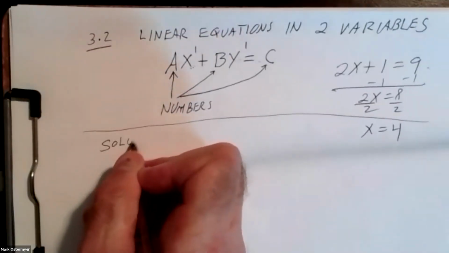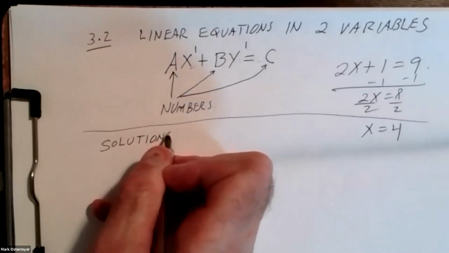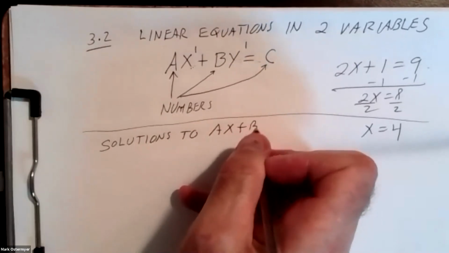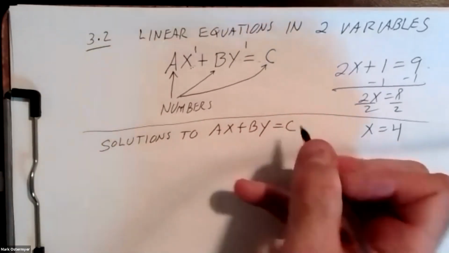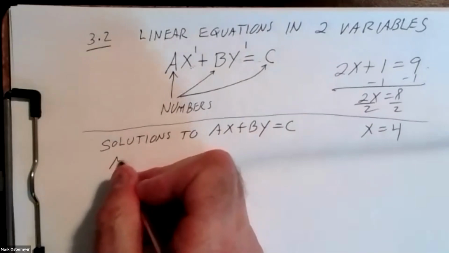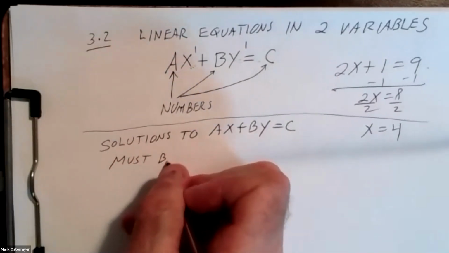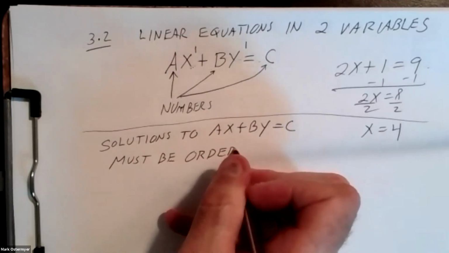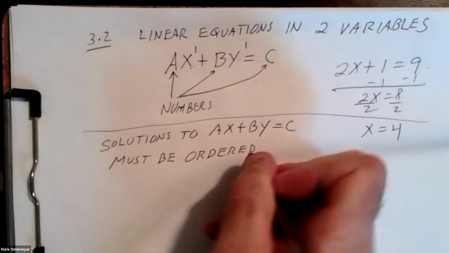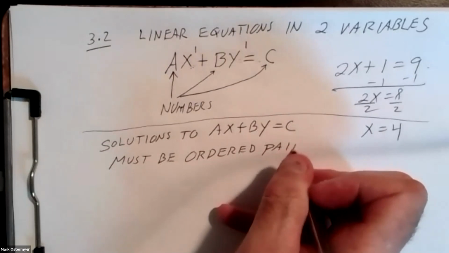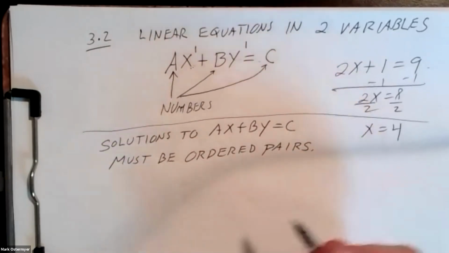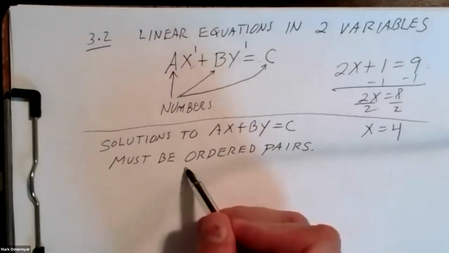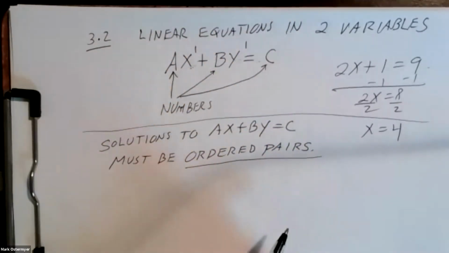Ladies and gentlemen, what would be your guess as to what solutions of such an equation must look like? Solutions must be what? Well, they must be ordered pairs. So therefore, solutions to this linear equation in X and Y must be ordered pairs.